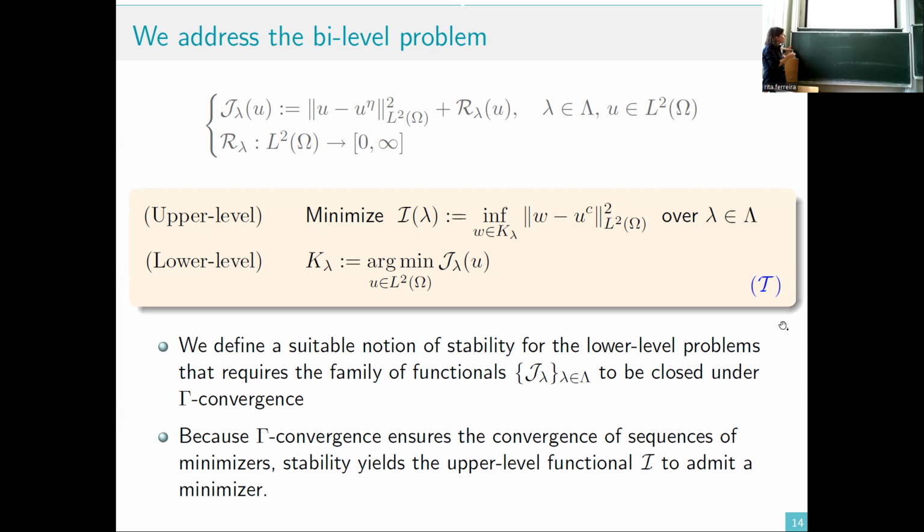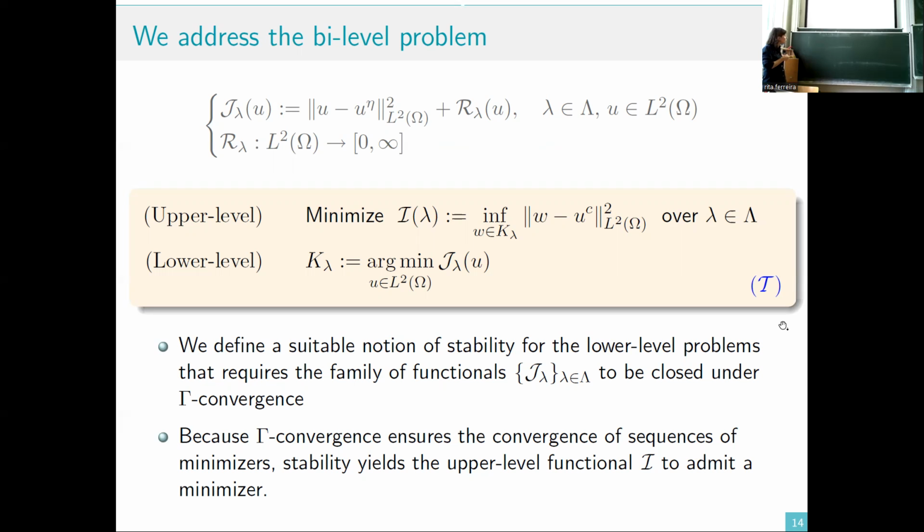So I will measure the distance again in terms of the L2 norm between my minimizers and the clean image. And I want to minimize with respect to lambda. This is going to give me the optimal parameter that I should choose for this class of noisy and clean images.